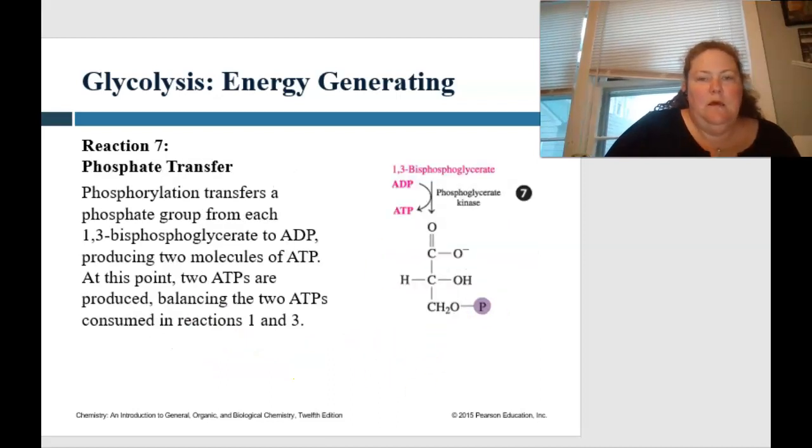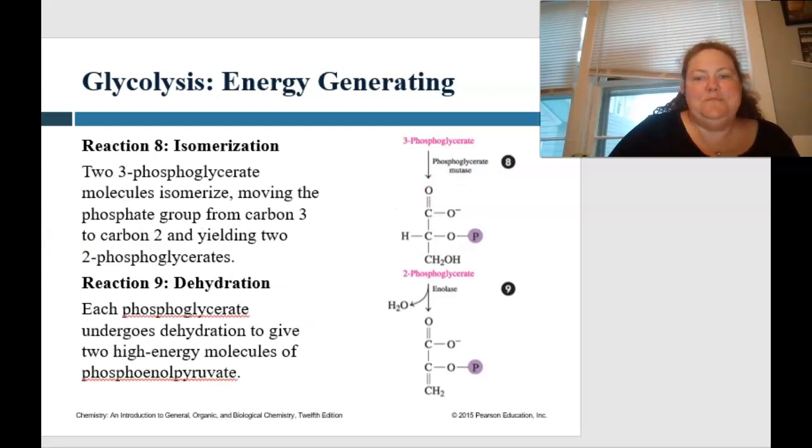Now we go to reaction 7, and this is a phosphate transfer. This is where a phosphate group is transferred from the 1,3-bisphosphoglycerate to ADP, and this produces 3-phosphoglycerate. It's producing 2 molecules of ATP, balancing out the 2 ATPs that are consumed in reactions 1 and 3. So now we're at a wash. We used 2 to start, we just made 2, and we're now equal.